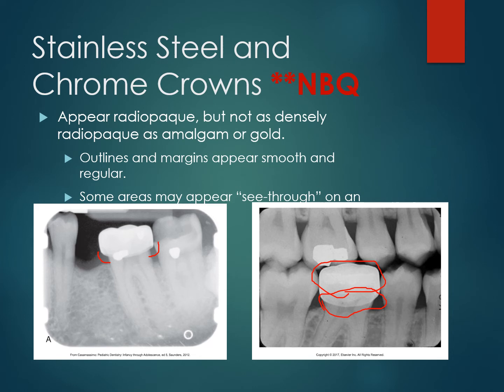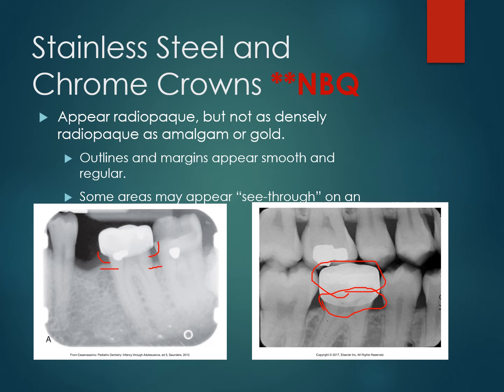It's meant to be a sort of temporary crown, and it is meant more so for primary teeth, although sometimes you'll see it on permanent teeth as it's meant to be replaced in the future, because we know these margins are terrible and it's going to cause a lot of bone loss. Like you can already see here, there's a bit of bone loss around this tooth.